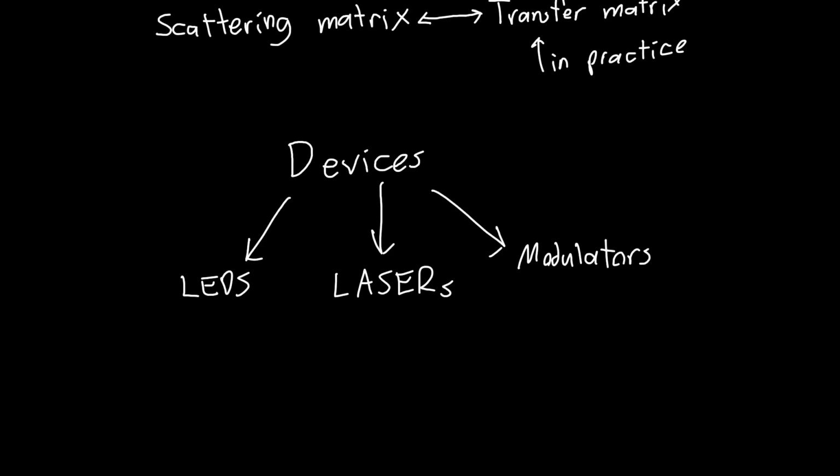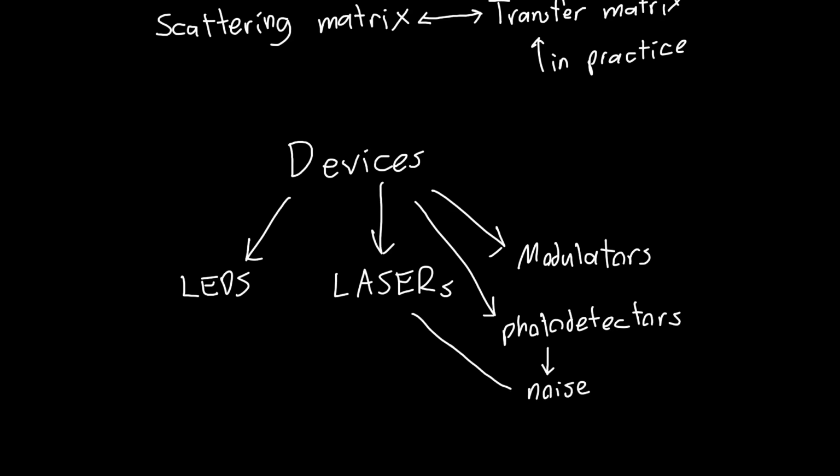But also things like photodetectors. These might be photodiodes, these might be photoconductors. And we'll analyze briefly noise in all of these systems: lasers, LEDs, and photodetectors, and how this impacts device performance.